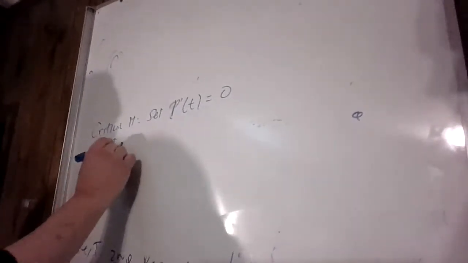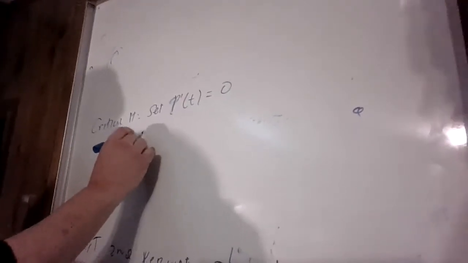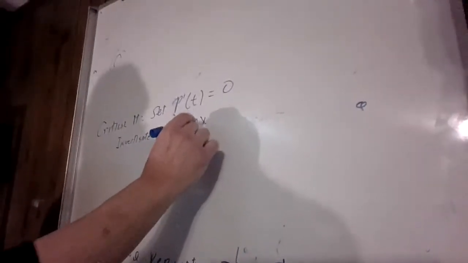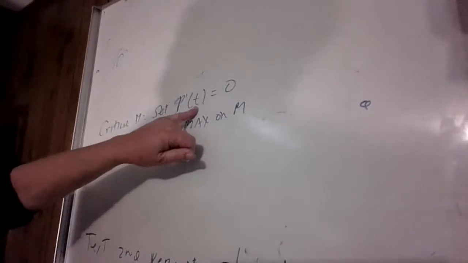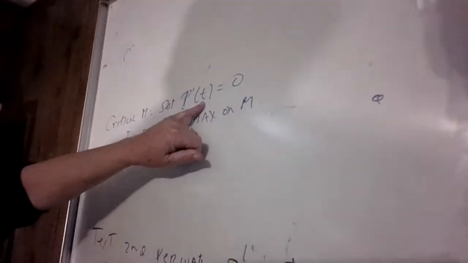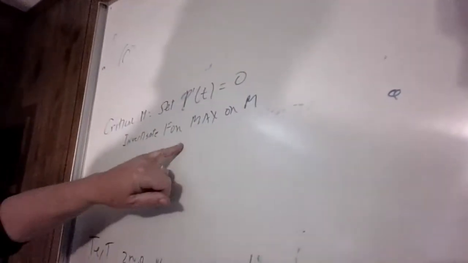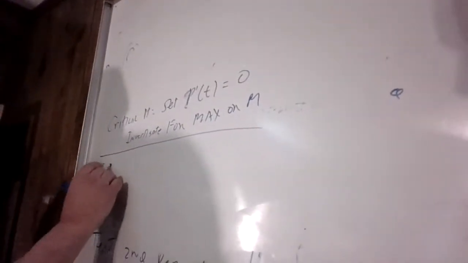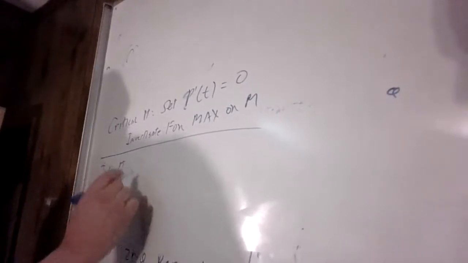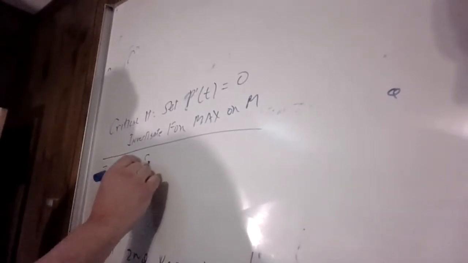Okay, that gives you your critical point, and then you investigate for max or min. So you would find a t-value, which is a critical point, and you investigate for max or min. For inflection points, you set the second derivative equal to 0.